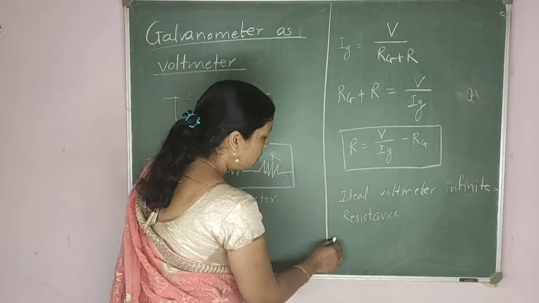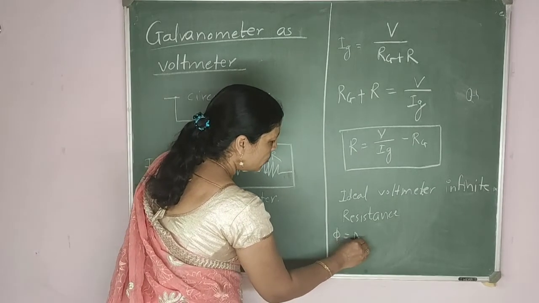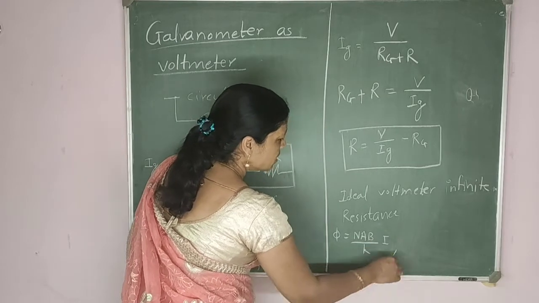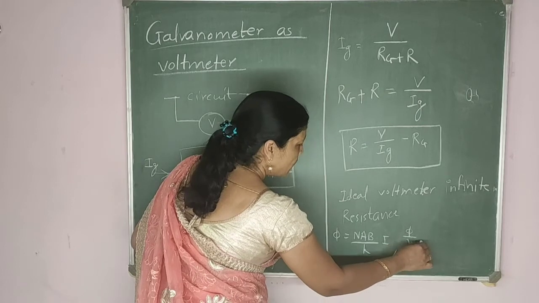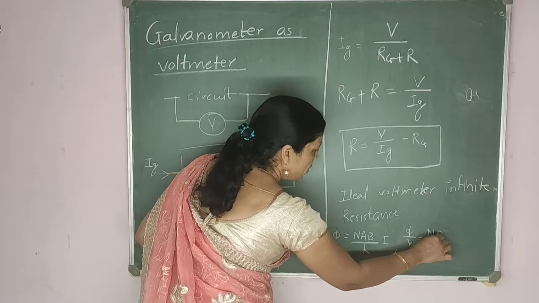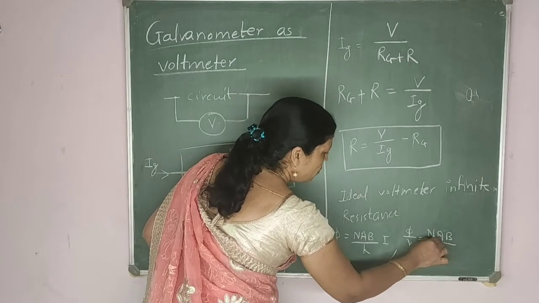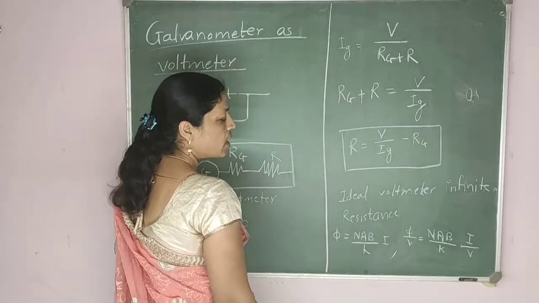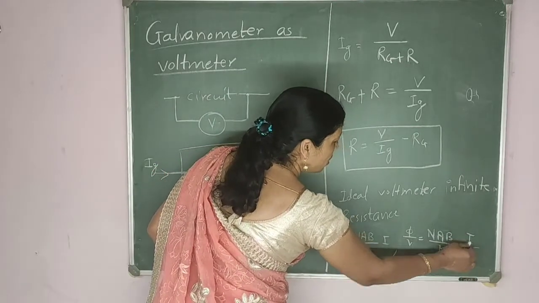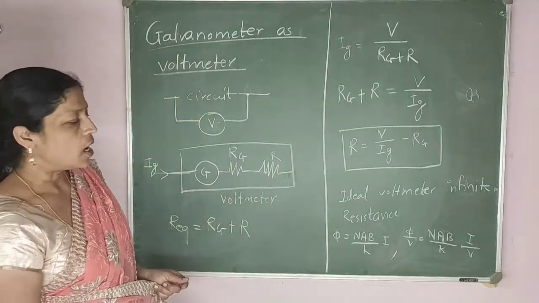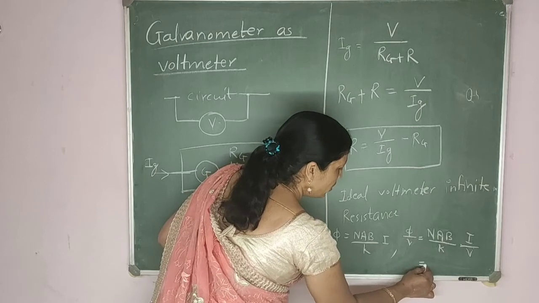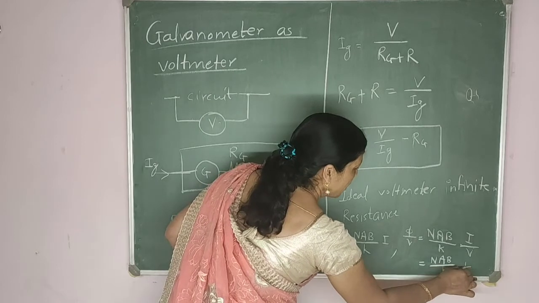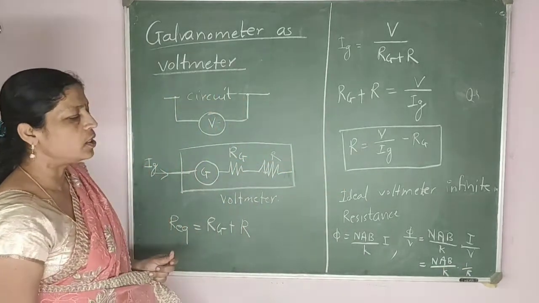We had the earlier equation for phi: phi equals NAB upon K into I. Voltage sensitivity is phi upon V, and phi upon V equals NAB upon K into I upon V. This I upon V we can write as 1 by R. So it becomes NAB upon K into 1 upon R. That is called the voltage sensitivity of this voltmeter.